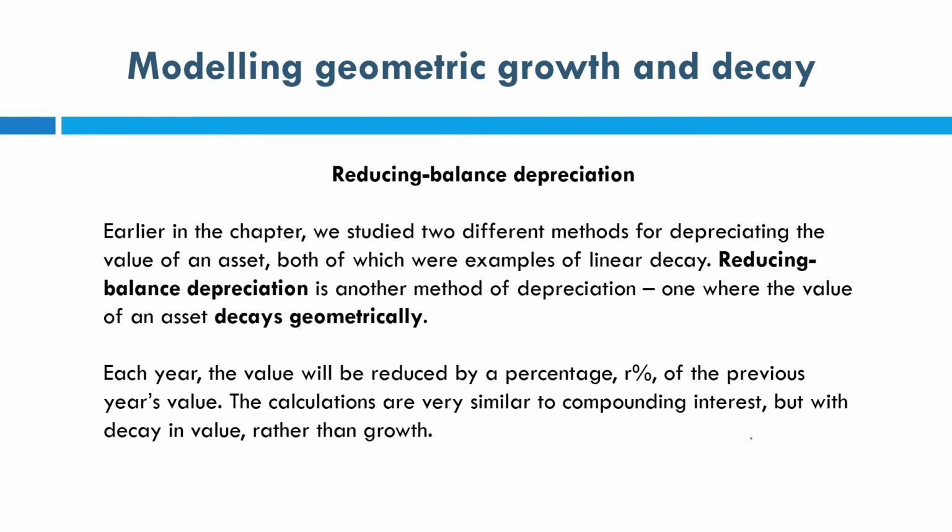Okay, so the next part is reducing balance depreciation. So don't forget, earlier in the chapter we studied 2 different methods for depreciating the value of an asset, both of which were examples of linear decay. So reducing balance depreciation, very important word. Reducing balance depreciation is another method of depreciation, one where the value of an asset decays geometrically.